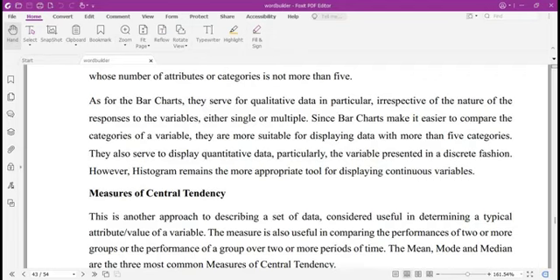They also serve to display quantitative data, particularly the variable presented in a discrete fashion. However, the histogram remains the more appropriate tool for displaying continuous variables. We talked about the histogram the last time. It remains the more appropriate tool.